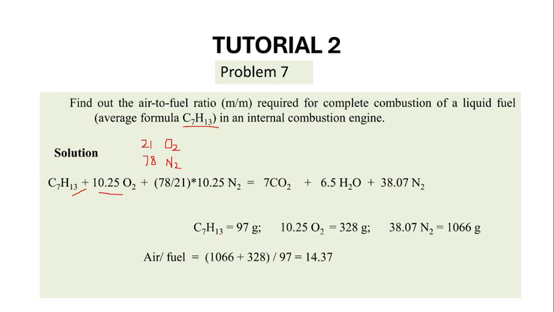The formula is the mass of the air you are supplying divided by the mass of the fuel. Here 1066 is the mass of nitrogen, and 328 is the mass of oxygen. You add these and divide by the mass of the fuel. So you arrive at the air to fuel ratio, which is 14.37, right?